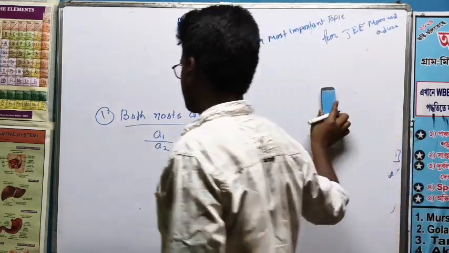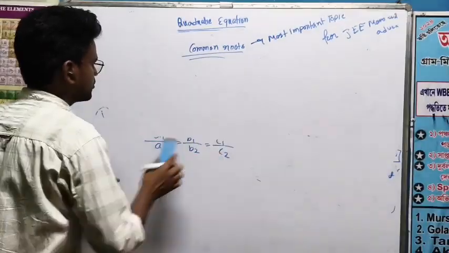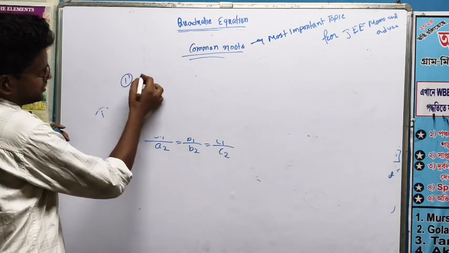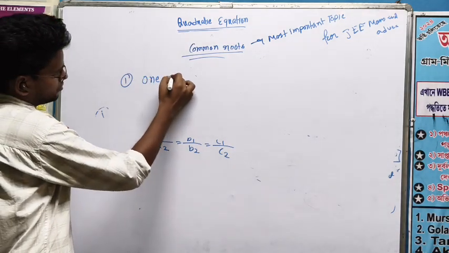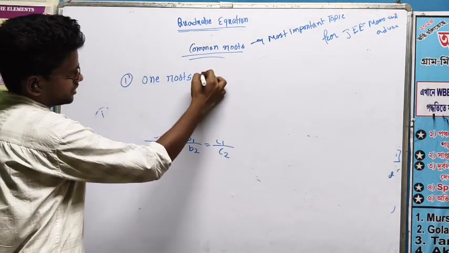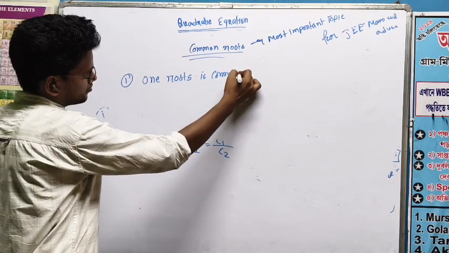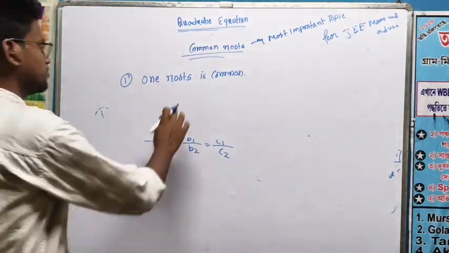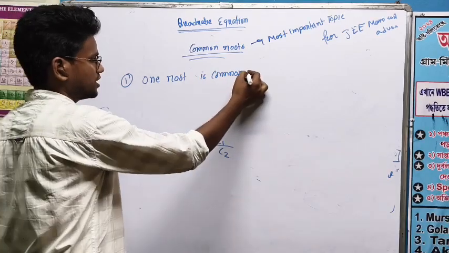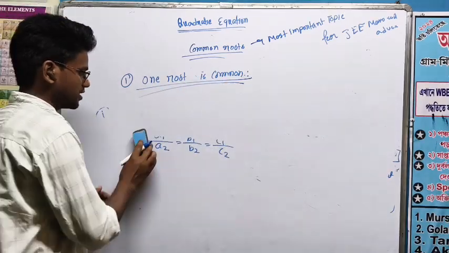The next condition is that one root is the same, or common. So what are the conditions?